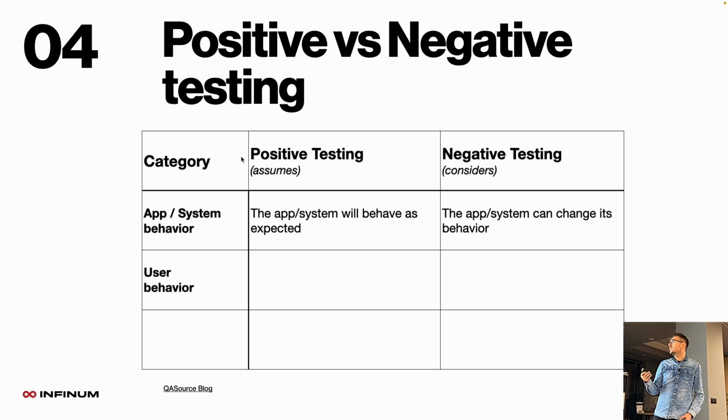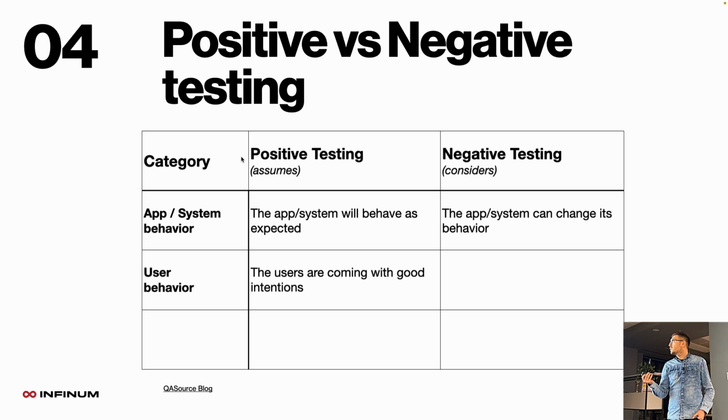The second category where we can compare positive and negative testing is user behavior. Positive testing, as I briefly mentioned, assumes that users will come and use the applications only with good intentions.